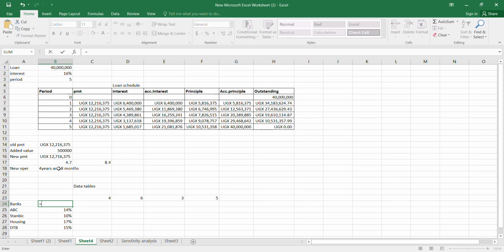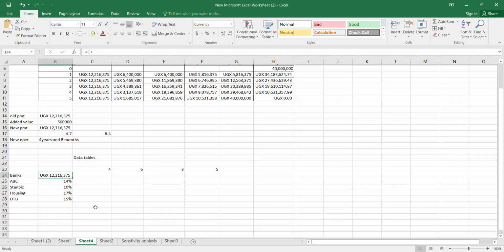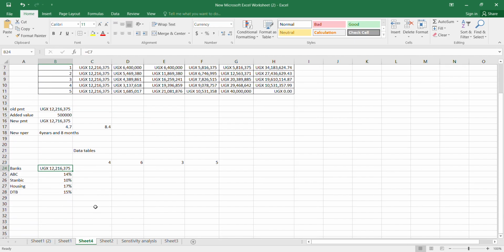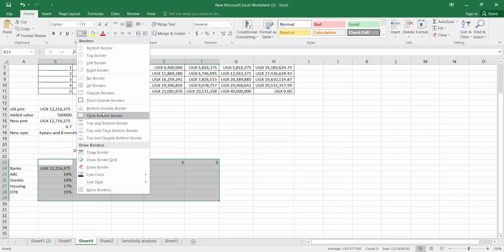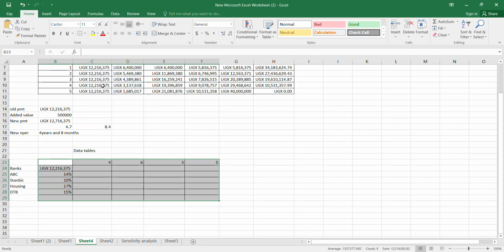We shall have our PMT, and we shall also reference it to this table. Remember, if you are using data tables, we always need to have this value here for referencing the value we want to get, or the value we want to achieve.